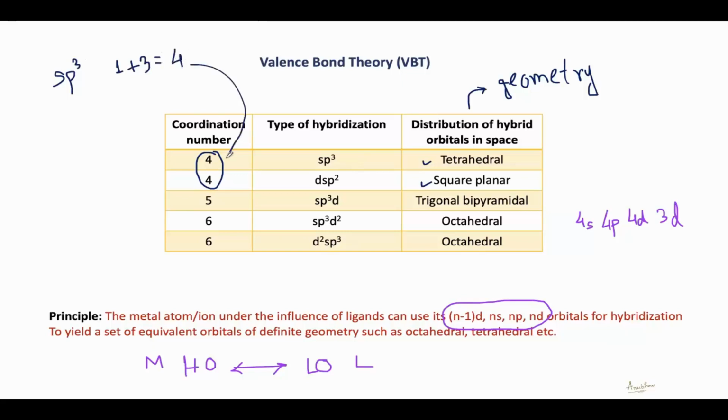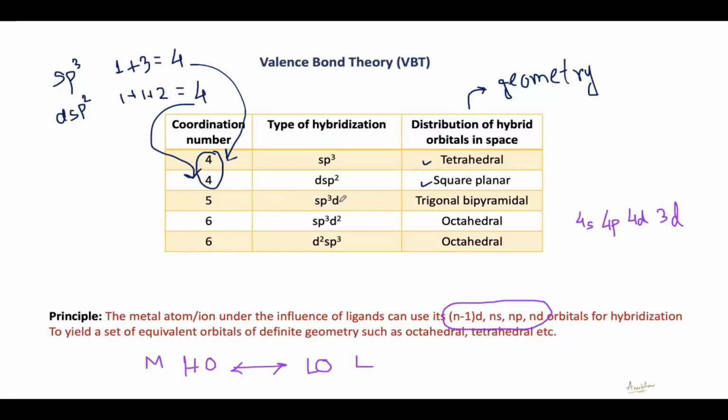That 4 is the coordination number. Also, take the example of dsp2. We have 1 d orbital, 1 s orbital, and 2 p orbitals. The total is 4.